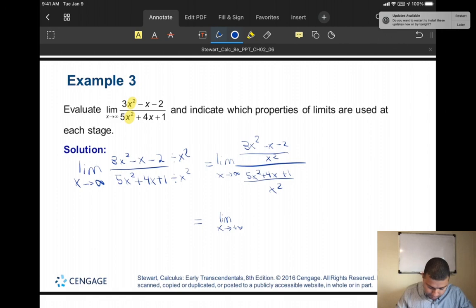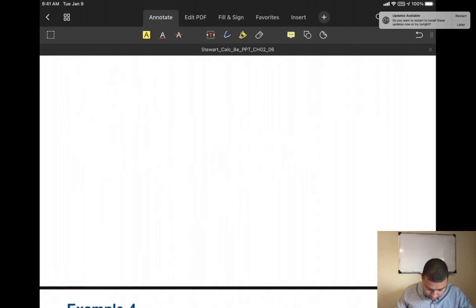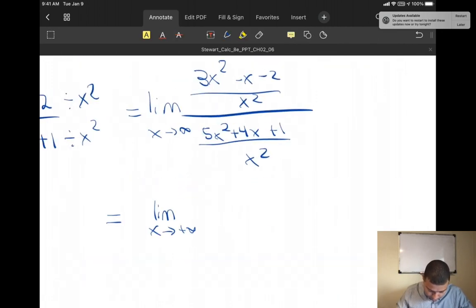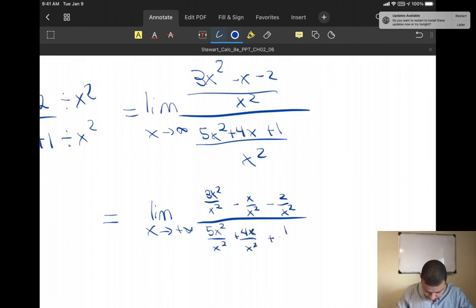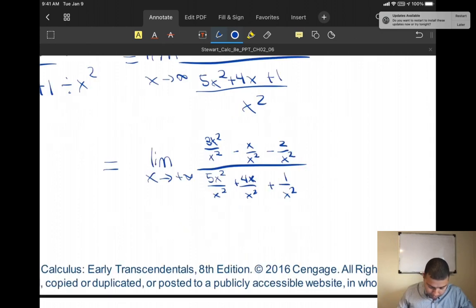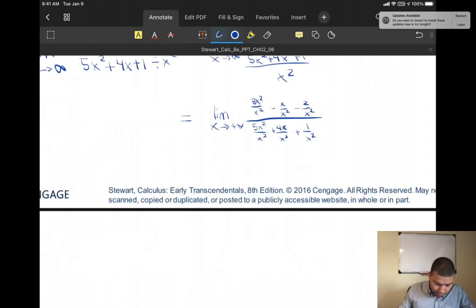Here's how it works, I do it slowly just this one time. I can put 1 x squared underneath each of those terms. And now you simplify this. We've done something similar in Math 141 if you took it.